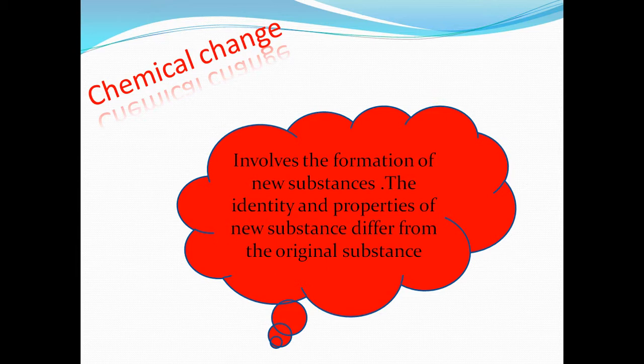After reaction, it changed into a new substance with new properties, which is water. So chemical changes involve the formation of new substance. The identity and properties of the new substance appear, which is completely different from the original substance.